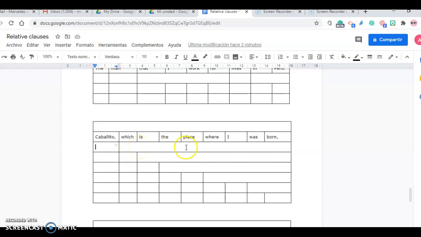So, which is the place where I was born? This is a non-defining relative clause, and I won't have time to finish the analysis here. But this is the subject, and which is the subject, non-defining relative pronoun, and all the rest is the predicate. Is a copulative verb.